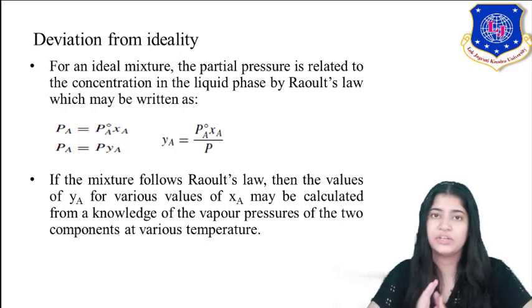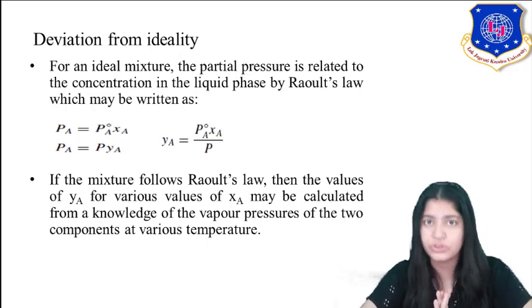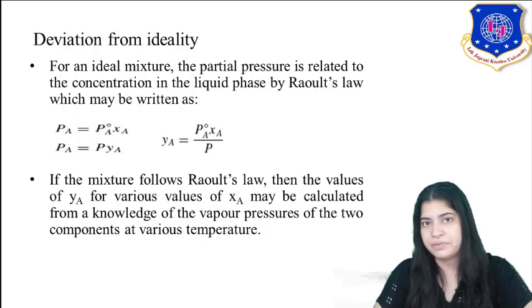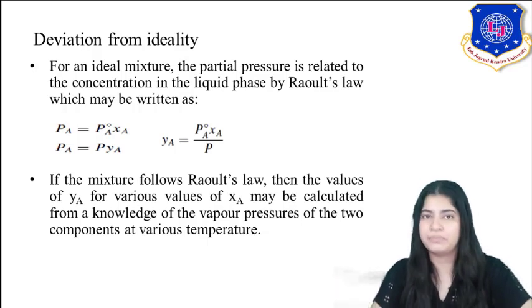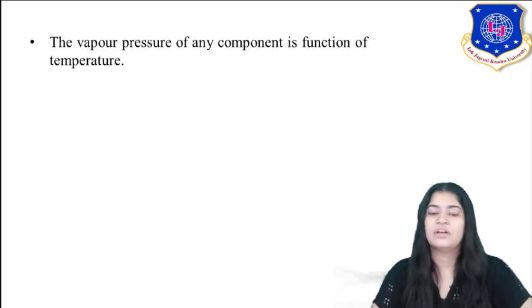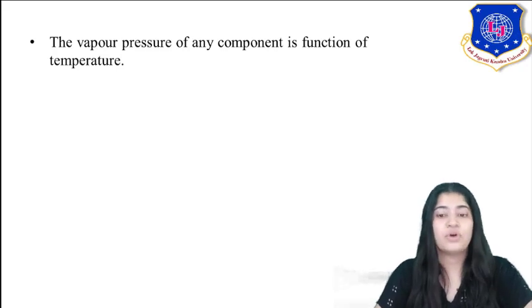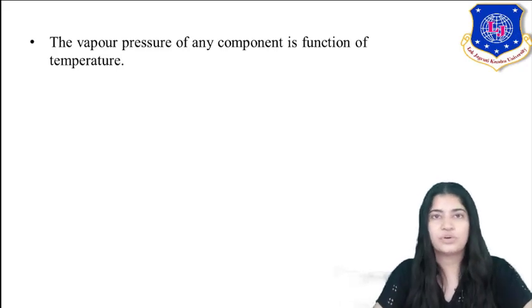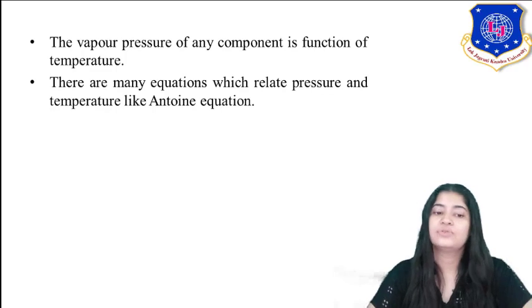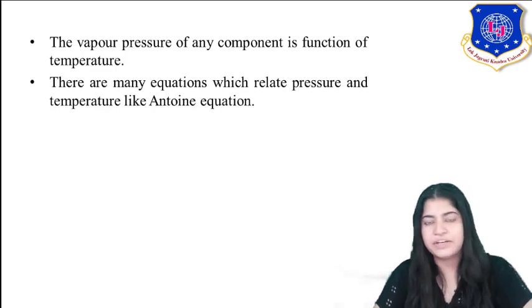One thing you have to note is that vapor pressure is a function of temperature. The vapor pressure of any component is a function of temperature. There are many equations which relate pressure and temperature, and one of them is the Antoine equation.